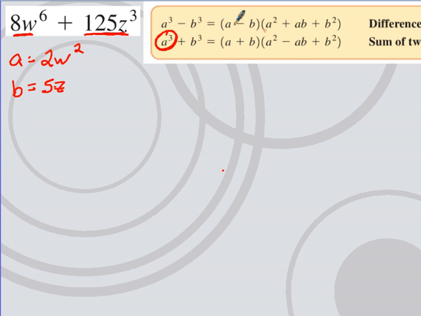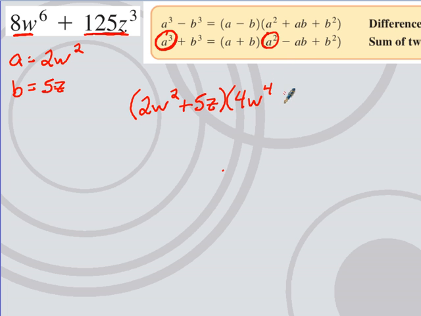So again, take your formula. Everywhere you have an a, put 2w squared. Everywhere you have a b, put 5z. Uh-oh, we got a squared a. Help me with that part of it, Colby. a to the 2nd power. This stuff to the 2nd power would be, good.